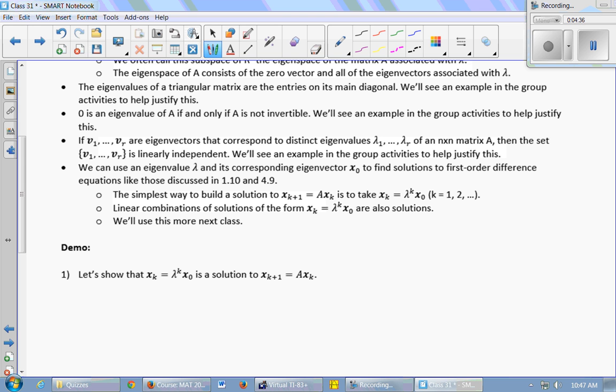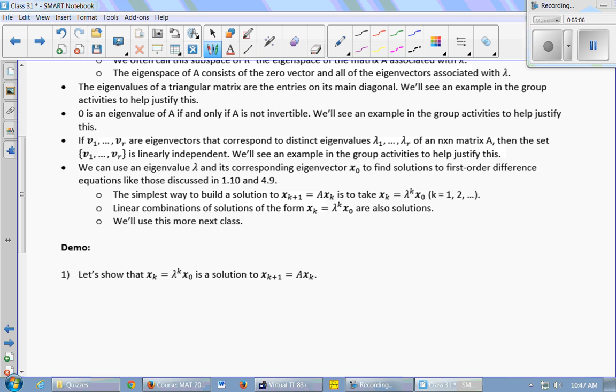Those recursive difference equations where x sub k plus 1 equals A times x sub k. We did some of these last class. So you can build solutions to these kinds of equations using an eigenvector and an eigenvalue, right? So you could say x sub k is equal to lambda to the k times x naught, the eigenvalue to the k times the eigenvector associated with lambda.